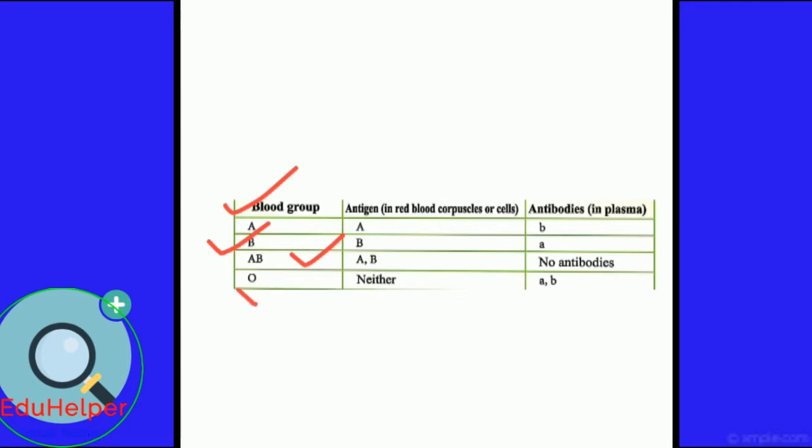And finally, O blood group: the plasma contains both anti-A and anti-B antibodies, but the surface of the red blood cell doesn't contain any A or B antigens. Since these antigens are not present, a person with any ABO blood type can receive this type of blood.